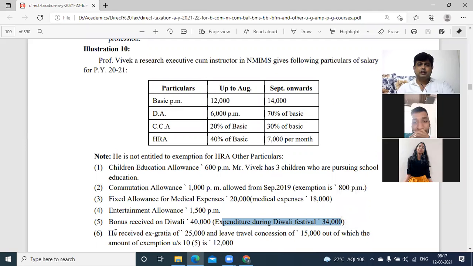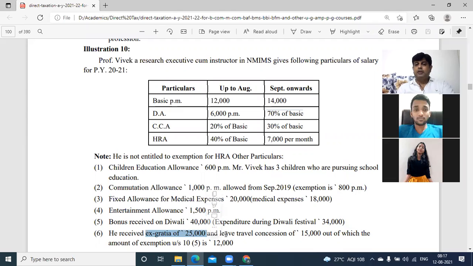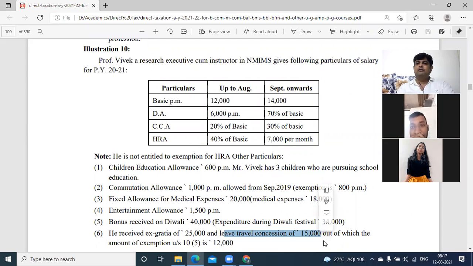Next, he received ex gratia of 25,000. What is the meaning of ex gratia? Nothing but bonus only, a different kind of bonus. Again, it is taxable. Leave travel concession, 15,000. What is leave travel concession? It is a part of section 10(5).